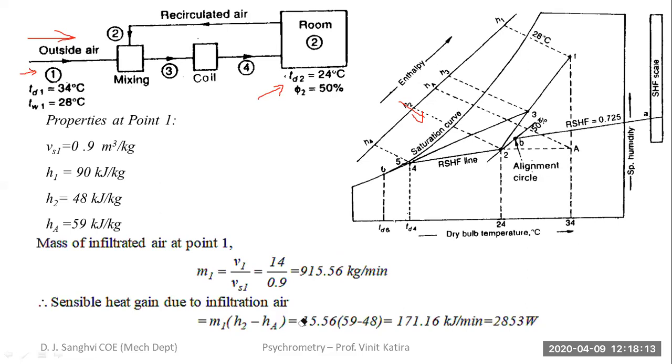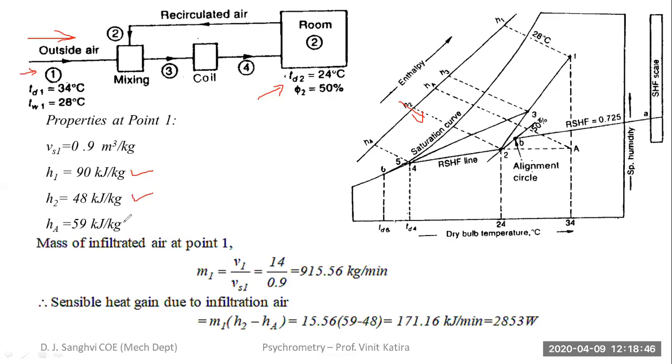H2. That's right. After joining the points, you just tell me the values of enthalpies H1, H2, HA, and specific volume at point 1.